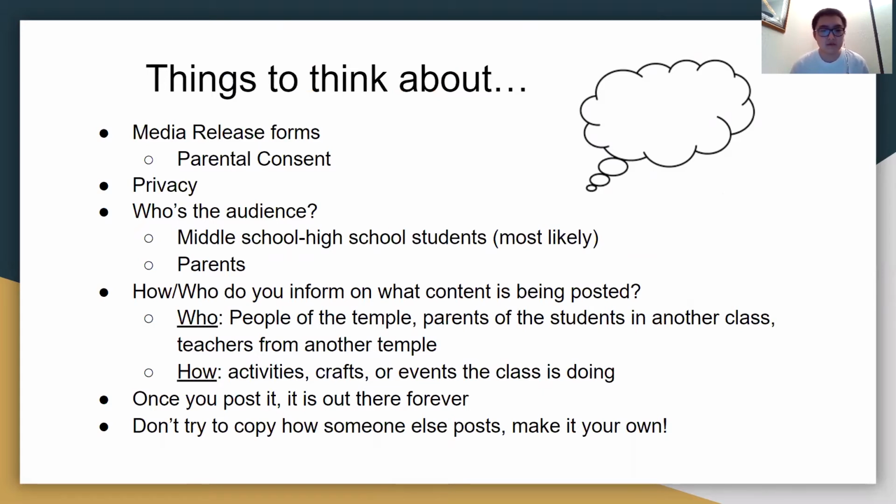These parental consent forms can easily be handed out at the beginning of your Dharma school year, whenever it begins for you, when you ask the parents to fill out their registration form for their Dharma school student. It can include giving consent to be recorded or to be posted on social media.